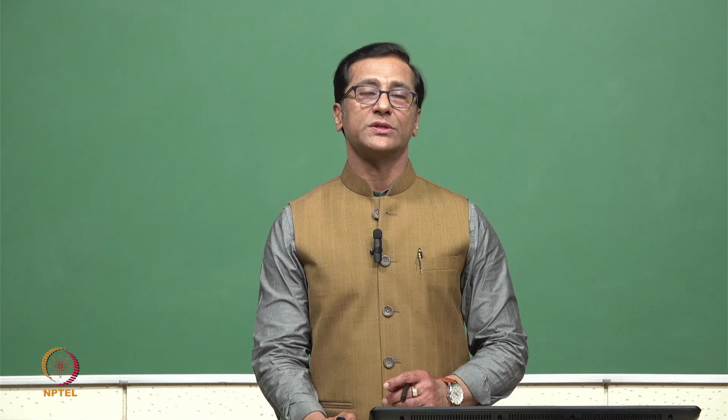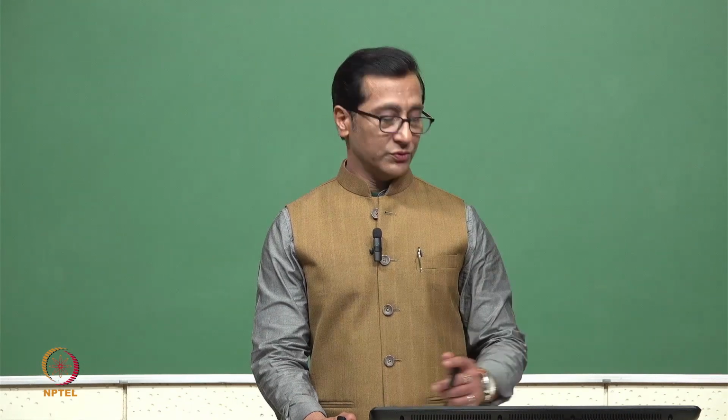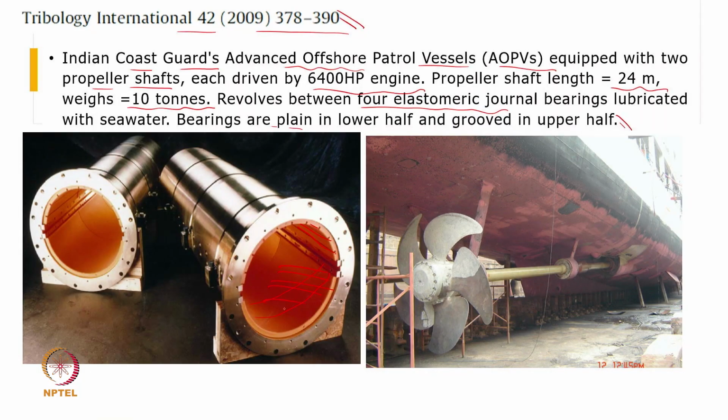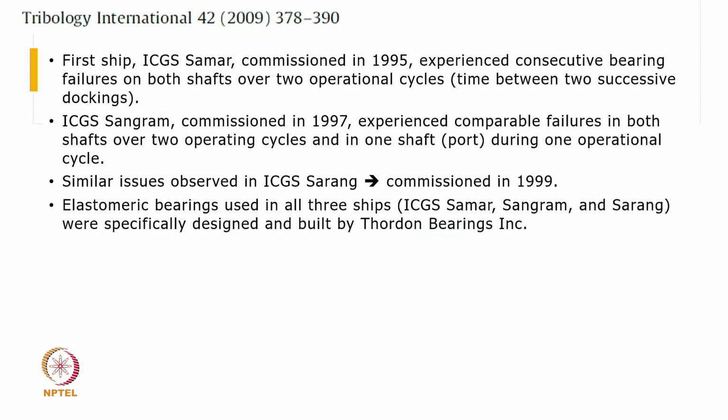Upper half has a groove, and the lower half doesn't have a groove. It is completely plain, while the top one has grooves to circulate and move the water easily in this situation. And this bearing arrangement has been shown, with the propeller shown in this manner.